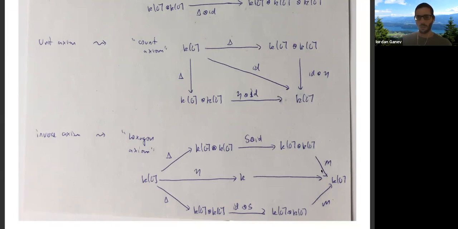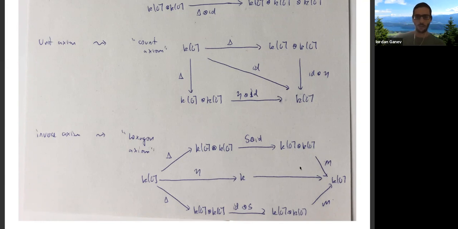Before, we had the diagonal map from G to G cross G, and that actually becomes the multiplication map. We take k[G] tensor k[G]. Since k[G] is an algebra, we have a multiplication map: given any two elements in k[G], we just multiply them together. That's all this map is doing. Multiplication is bilinear, so it factors through the tensor product.